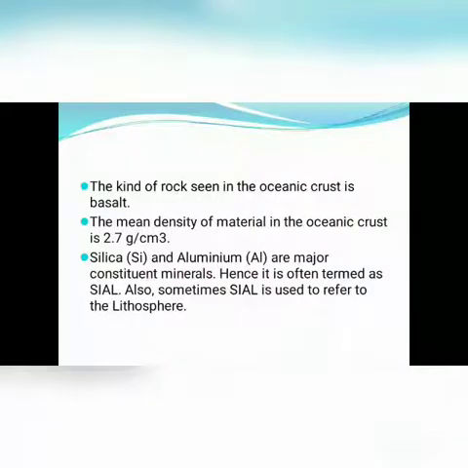The kind of rock seen in the oceanic crust is basalt. The mean density of material in the oceanic crust is 2.7 gram per centimeter cube. Silica and aluminium are major constituent minerals, hence it is often termed as Sial. Also, sometimes Sial is used to refer to the lithosphere.